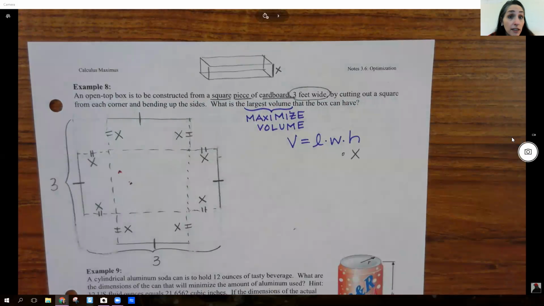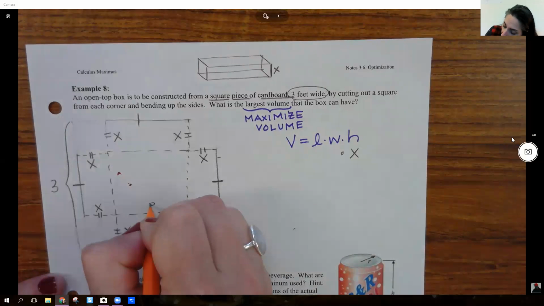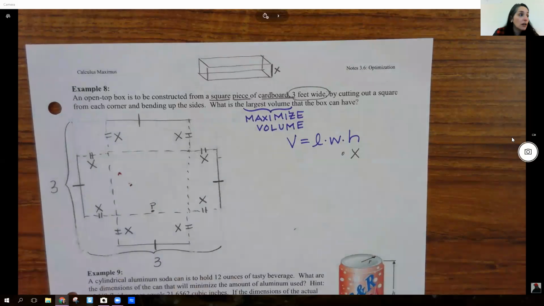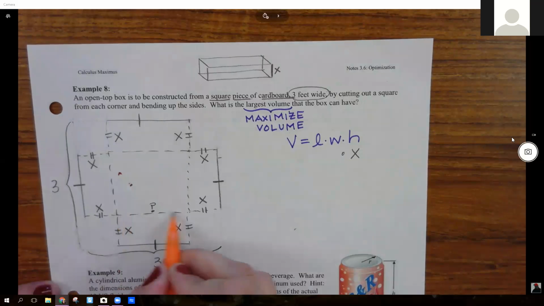Now, you can see we cut some stuff out of this piece of cardboard here. So our length and our width are not going to be 3 anymore because we cut some of it out. So what would be this right here? How long would, 3 minus 2x.